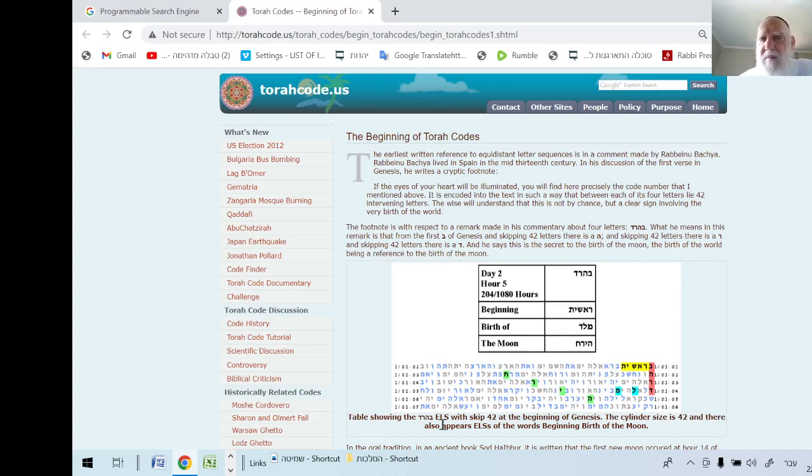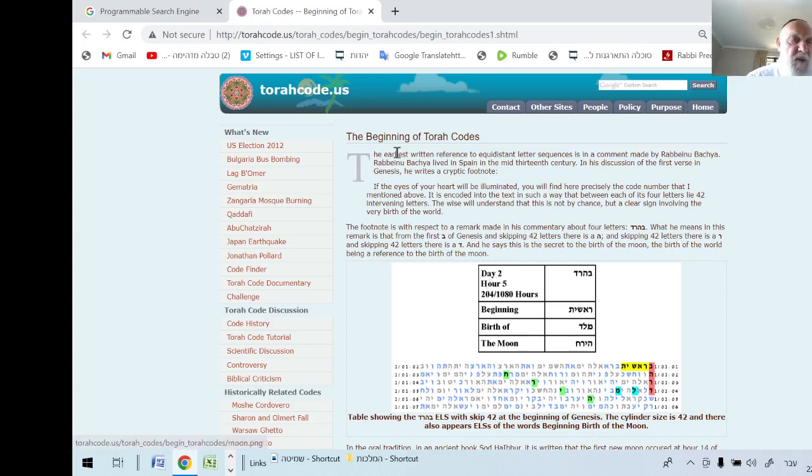Table showing the Ba'arad, that means the four letters, ELS, equidistant letter sequence, with a skip of 42 at the beginning of Genesis. The cylinder size is 42, as it says, 42 letters in a line, and there also appears an ELS of the verse beginning, exactly Bereshit, and birth, Molad, of the moon.